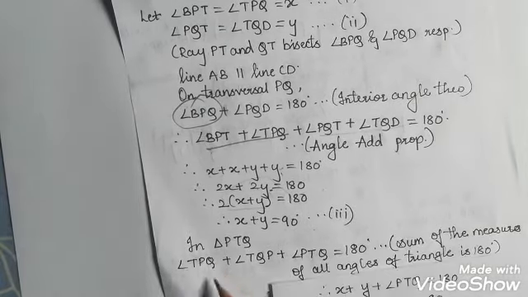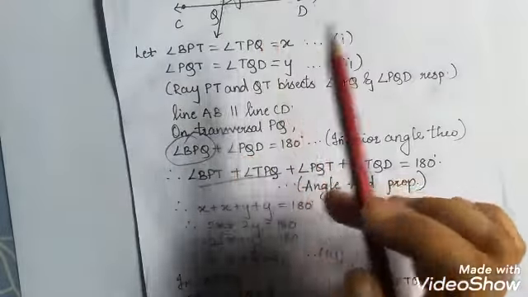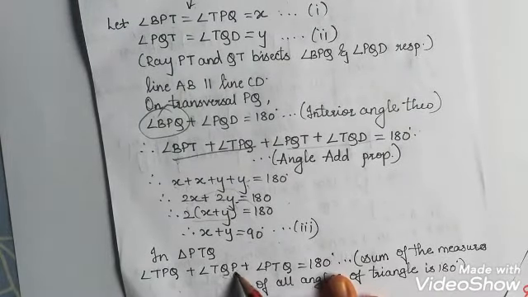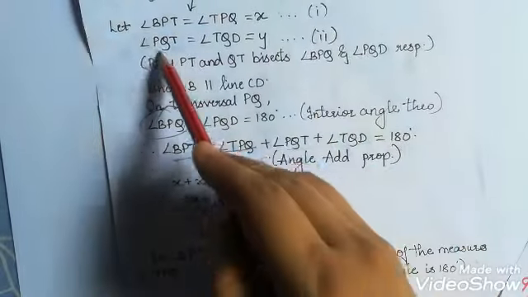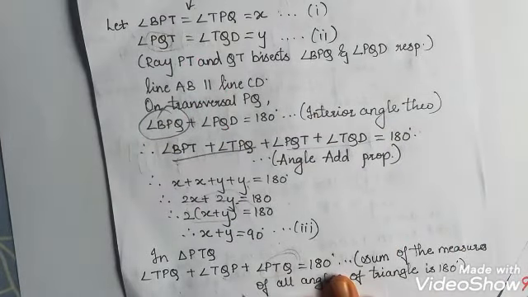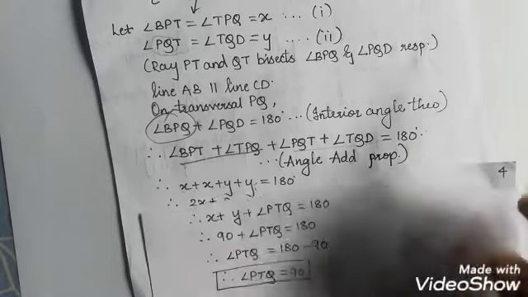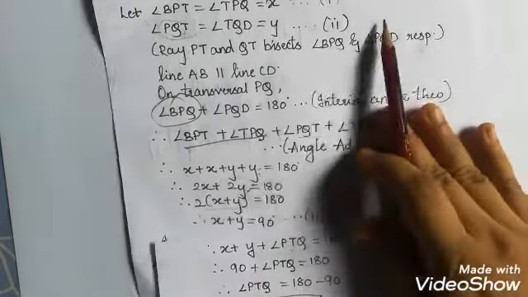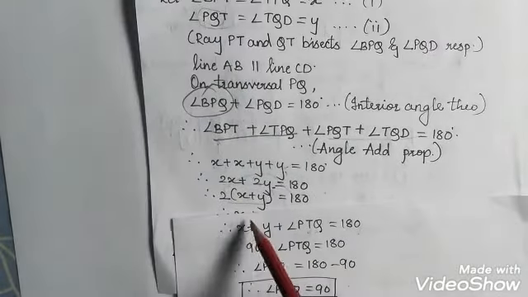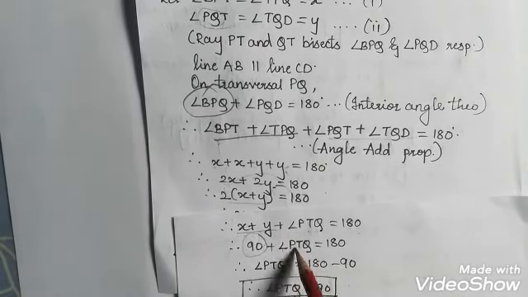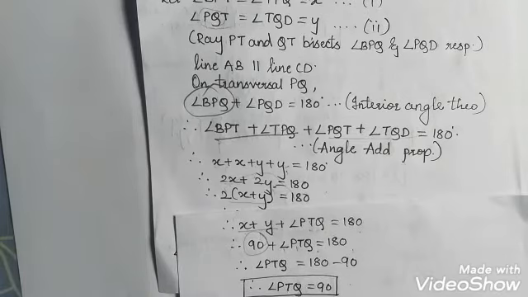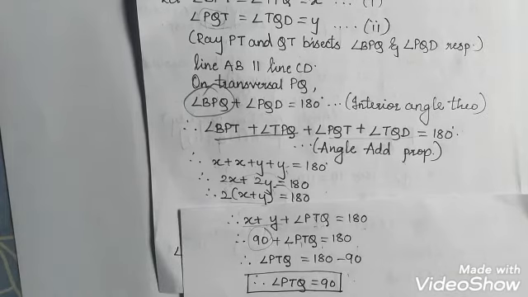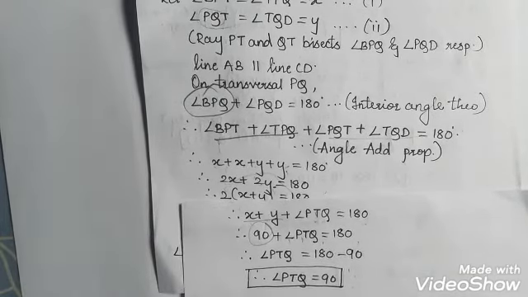Now I know angle TPQ is X and angle TQP is Y. I have to find PTQ. So X plus Y plus angle PTQ is 180, but X plus Y we got as 90. So in place of X plus Y I write 90 plus angle PTQ is equal to 180. Therefore angle PTQ is equal to 90 degrees. So we have proved angle PTQ is 90.